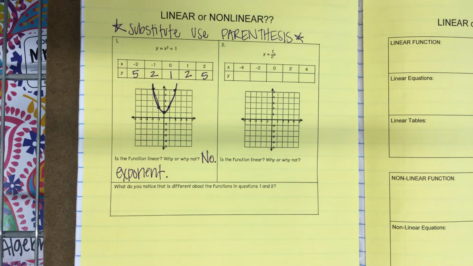That's fine, as long as the exponent only touches the x variable. But you cannot be linear and have an exponent. So make sure you have that written down.